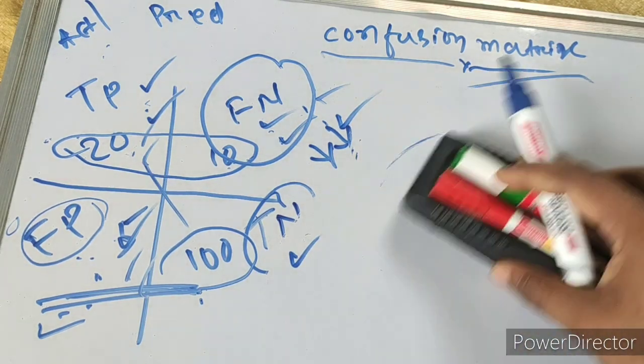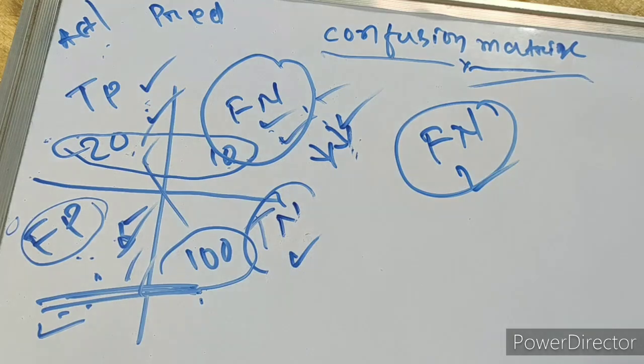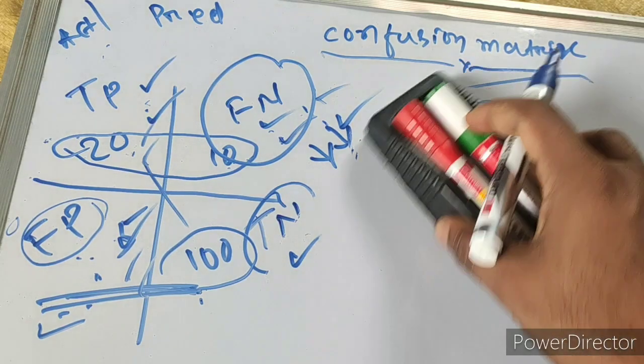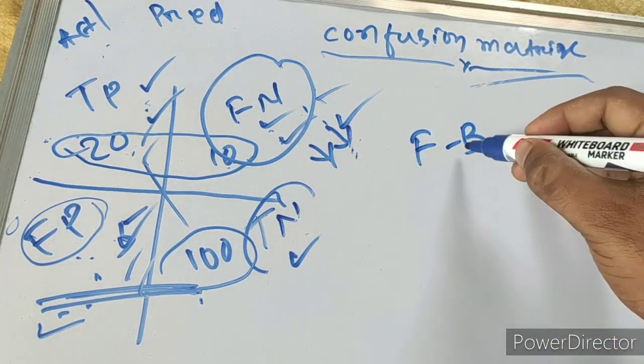Or if the domain expert is saying, I am quite concerned about false negative, I do not want this false negative to be present, so your goal is to decrease this false negative as much as possible. So in that scenario also, there is a concept that comes here, the F beta score. We can write it here, F beta score.